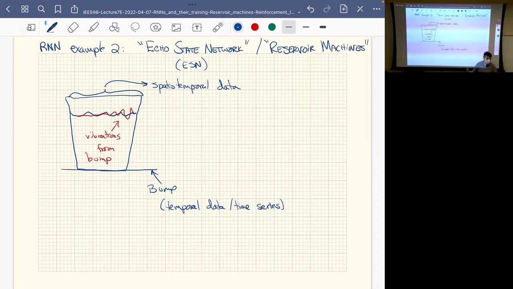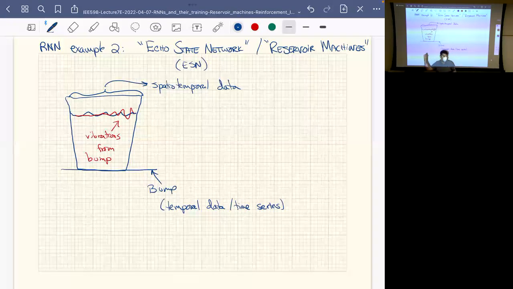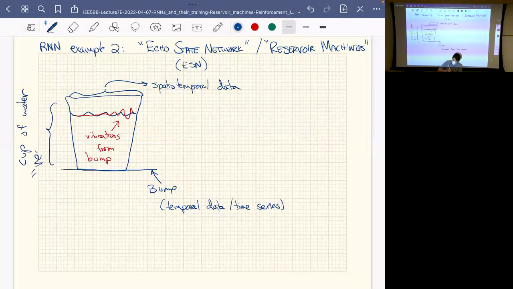And the thought is that maybe this filtering of the input, you actually can use the ripples on the top of the reservoir. So this cup of water is a reservoir. And you can use the ripples that are spreading out on the cup of water as an information source to tell you something about the temporal series.